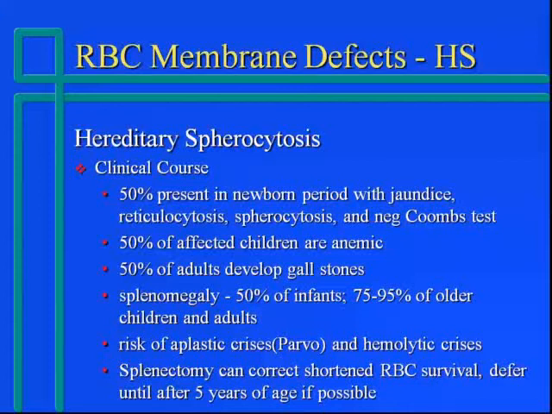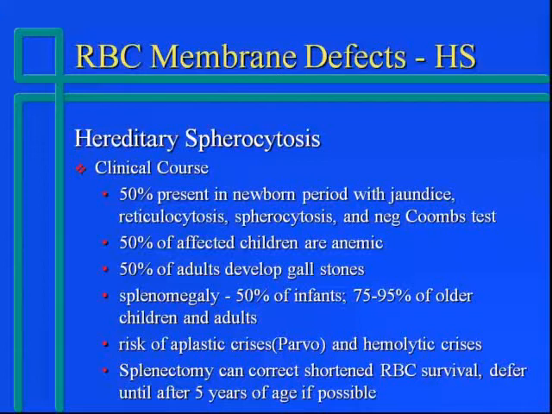Patients have two major problems related to hereditary spherocytosis. One is they're at risk, like sickle cell patients, of aplastic crisis, in particular from parvovirus. And they also may have increased hemolysis during times of stress. So during infections with febrile illnesses, the hemolysis will be more brisk.